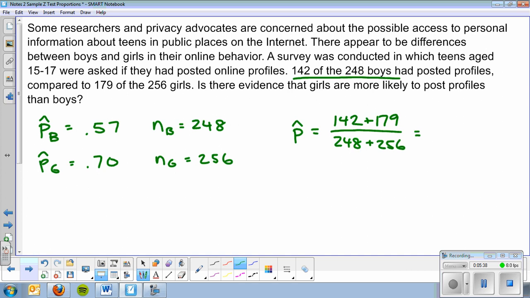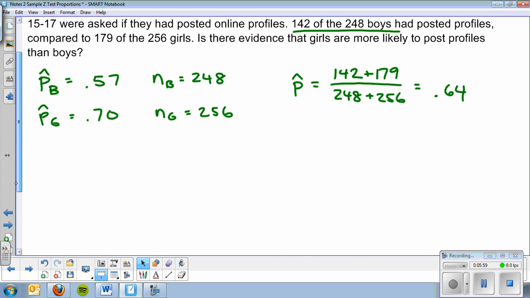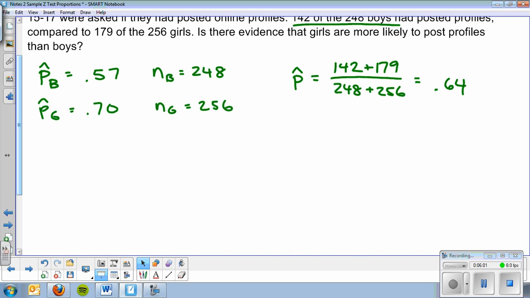So that's really giving me my overall percentage that have posted an online profile out of the entire sample. So with a little bit of math there, I get 0.64. Okay, so that's all I really need to answer these questions. Okay, we're going to start off with the hypotheses.